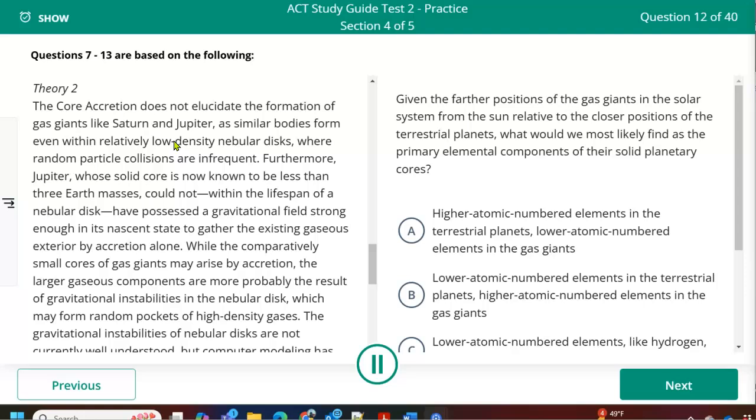All right. Higher atomic numbered elements. Well, let's say it this way. Lower atomic number elements like oxygen and hydrogen, if they're closer to the sun, are not going to be in solid form. It's too hot. So they're going to be in gas form.